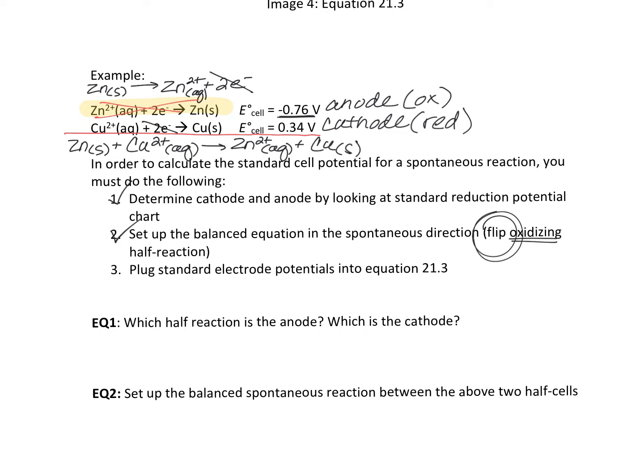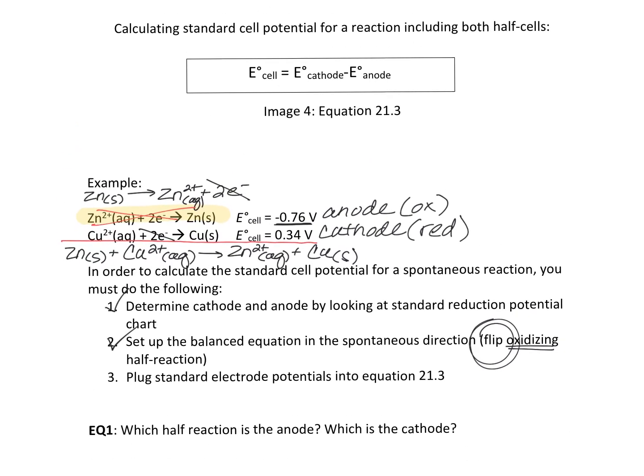Number 3, plug standard electrode potentials into equation 21.3. So this is my equation 21.3. E cell is equal to E cathode minus E anode. My cathode right here is positive 0.34.